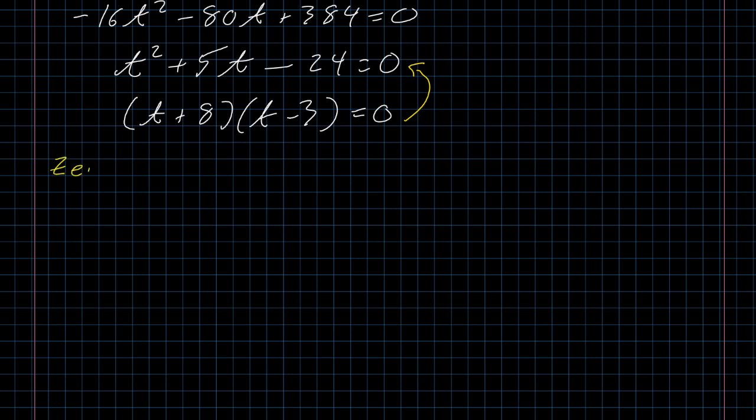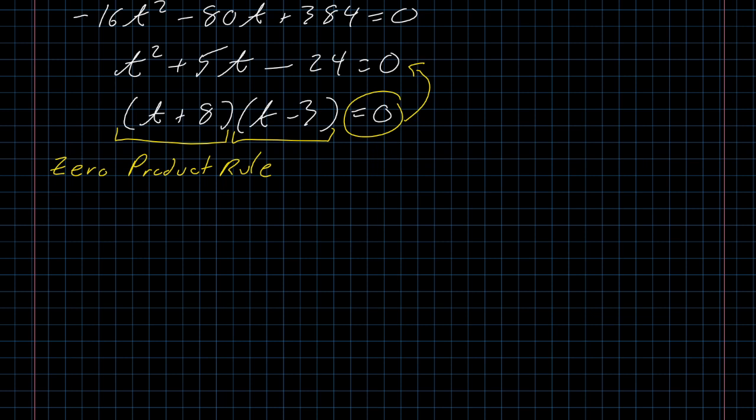It's called the zero product rule. The zero product rule says that if you have a couple of things being multiplied together and the result is 0, then one of the things you are multiplying must have been 0 in the first place.